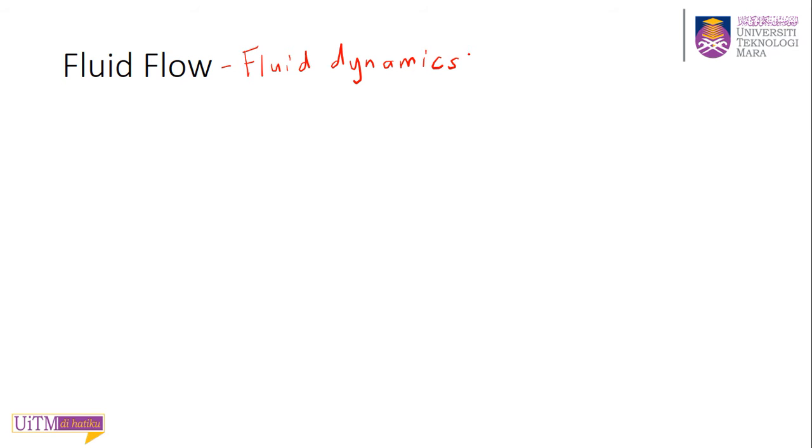So normally what we are interested in is the velocity of the fluid, and we are interested in the pressure of the flow. We are also interested in elevation, how high or how low the fluid is moving, whether it goes up or goes down.